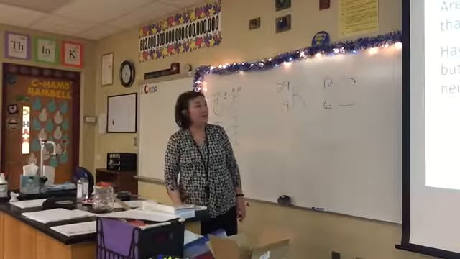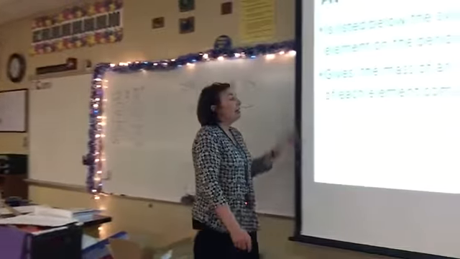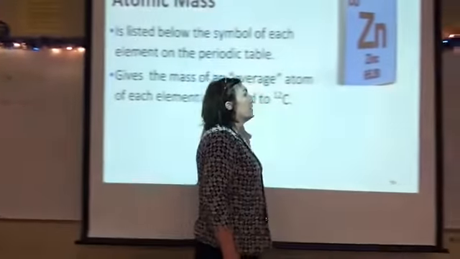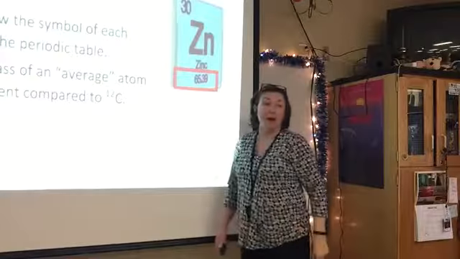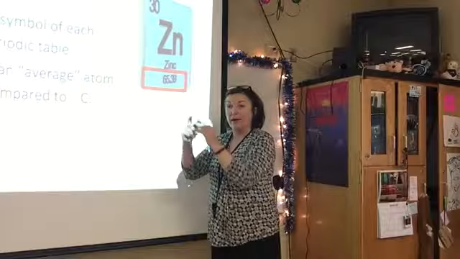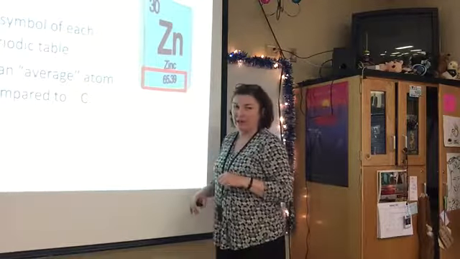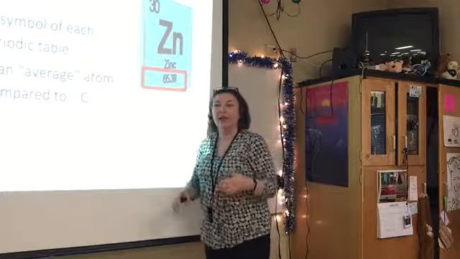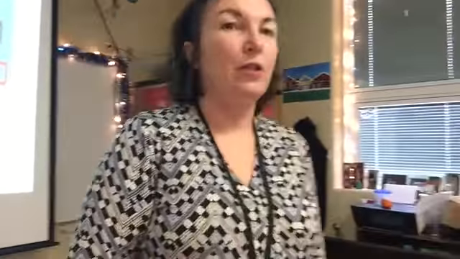And then, we talked about isotopes already, nuclear symbols, atomic mass. Atomic mass is that number now, the red number at the bottom of your periodic table boxes. It is a weighted average. You know what weighted is, right? Like in this class, your tests are worth 50% of your grade.